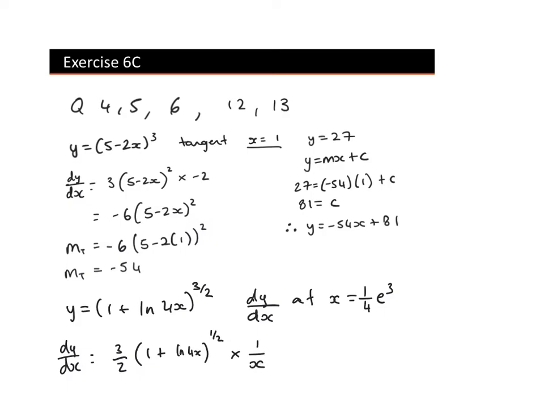Okay? Why? Remember we learnt this last lesson. Some of you are looking at me confused. Ln 4x, I can rewrite as ln 4 plus ln x using log laws. Log of a plus log of b equals log of a times b. Ln 4 is just a number. If I differentiate a number, what do I get? 0.